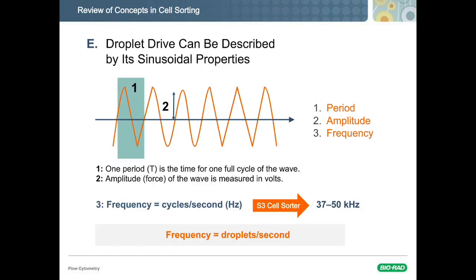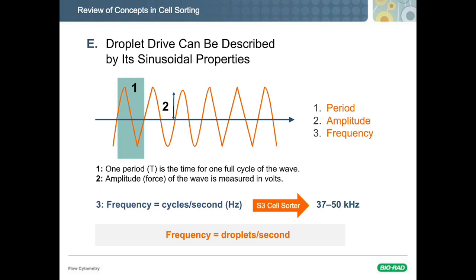That sine wave, which is approximated here, maybe not a perfect sine, but is what creates everything. And we can talk about the different properties of it. Where we're talking about the period, that's 1 over the frequency, and that's really the time per droplet. And so as we drive that signal, every time we're driving one signal onto the crystal, we're eventually going to have that turn into 1 droplet.